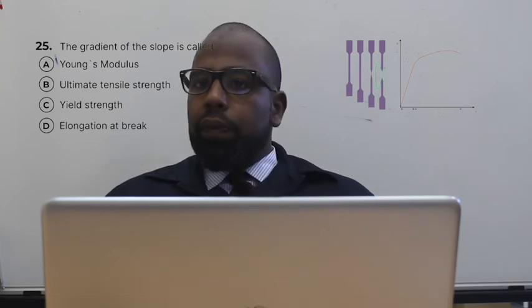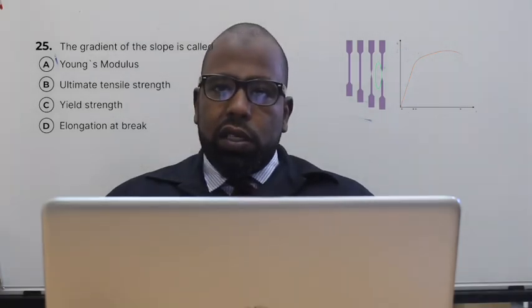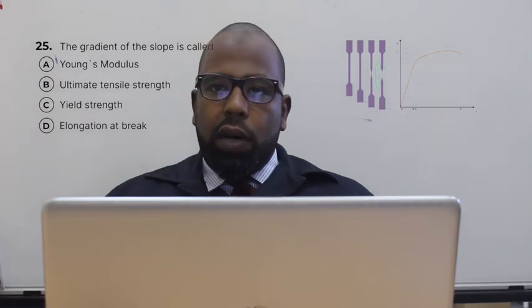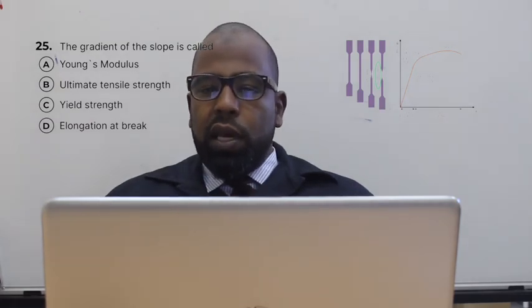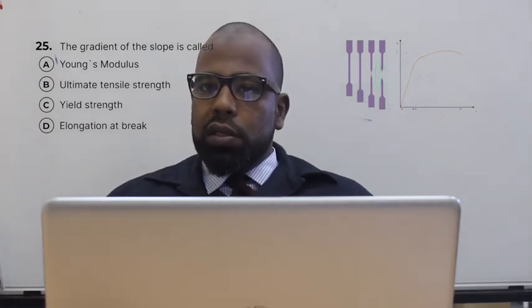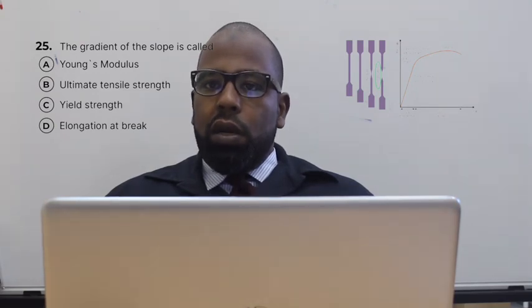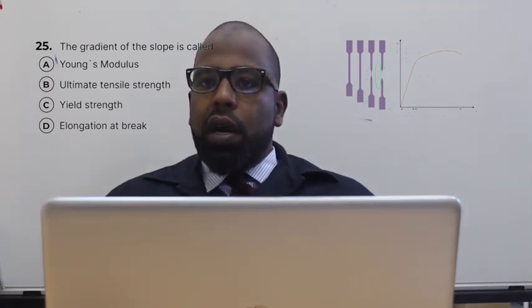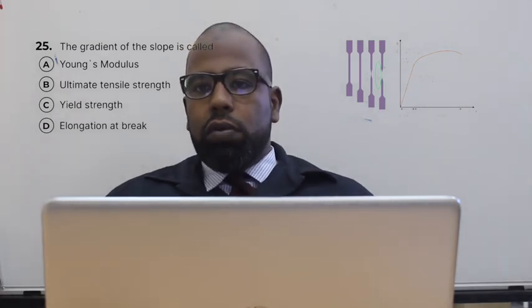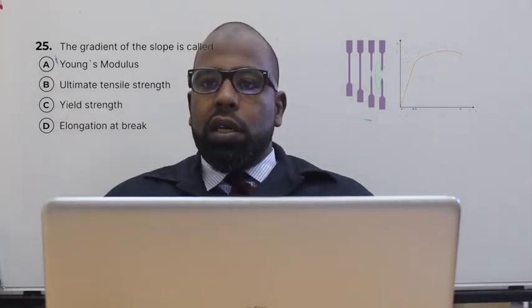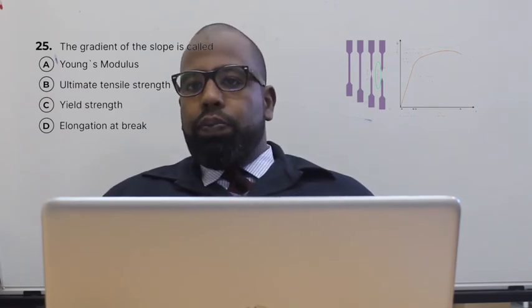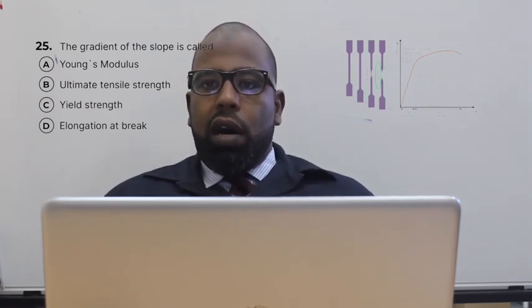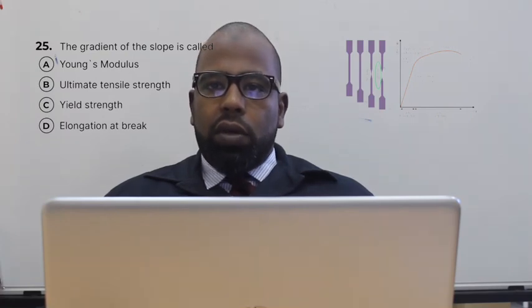The equation for the modulus of stiffness is the stress divided by the strain, and this has to happen before the yield strength, because as soon as the material reaches yield strength, the curve starts taking a different form, and in different materials, like plastics, you have to deal with two yield strengths. So beyond the yield strength, the curve won't be as accurate as it is below the yield strength.